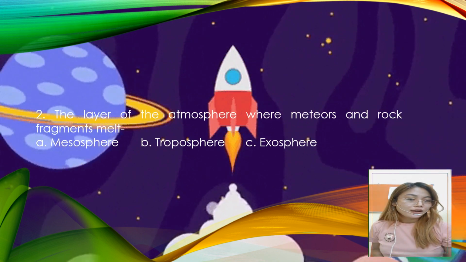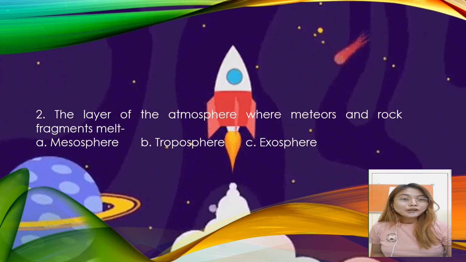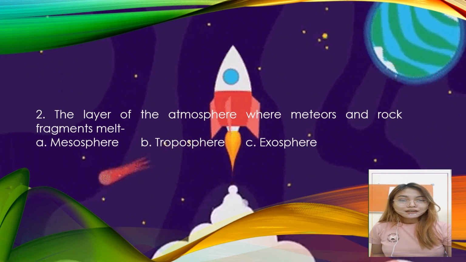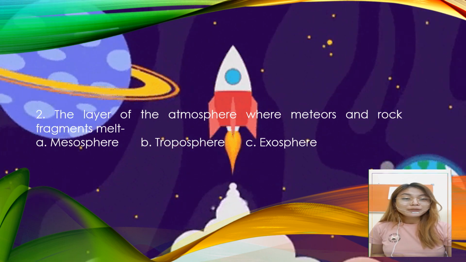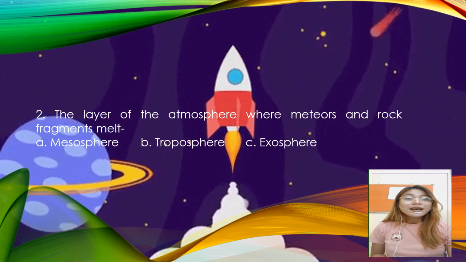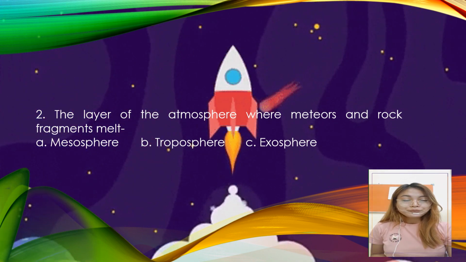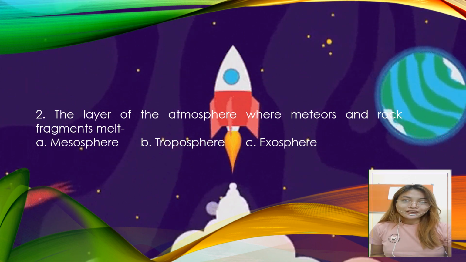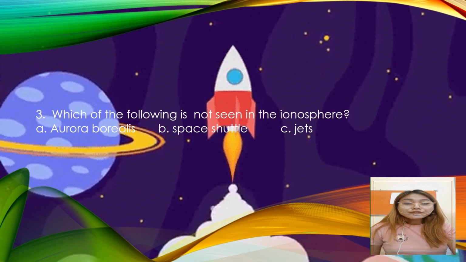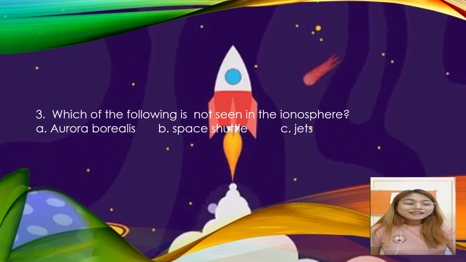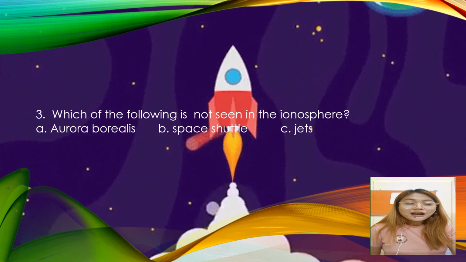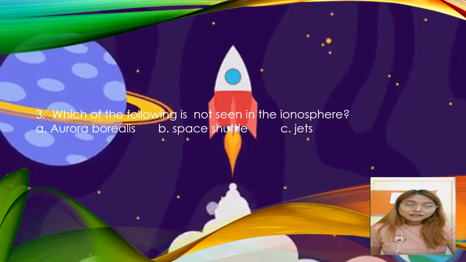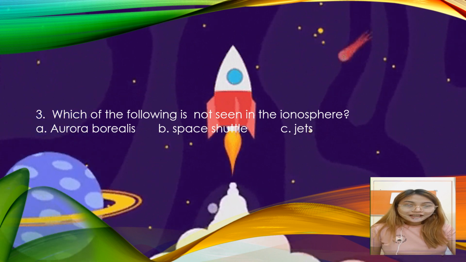Number 2, the layer of the atmosphere where meteors and rock fragments melt. Is it A, mesosphere, B, troposphere, or C, exosphere? Number 3, which of the following is not seen in the ionosphere? A, aurora borealis, B, space shuttle, C, jets.